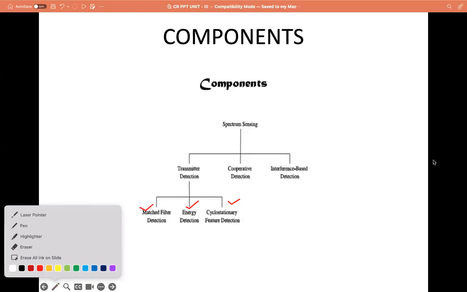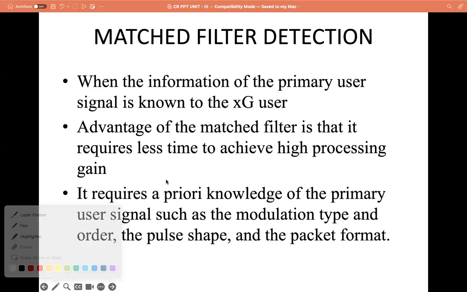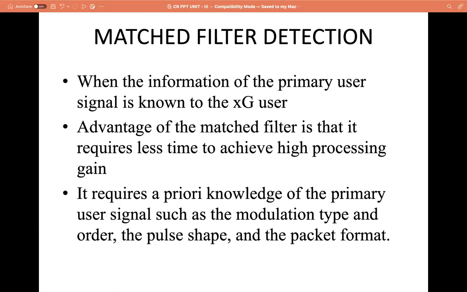So, what is match filter detection? Basically, in this case, the secondary user, that is the XG user, requires a priori knowledge of the primary user. That is, it should know the type of the primary user signal.